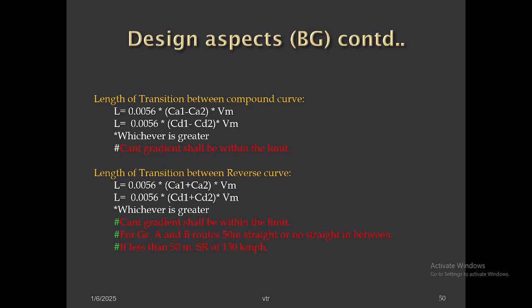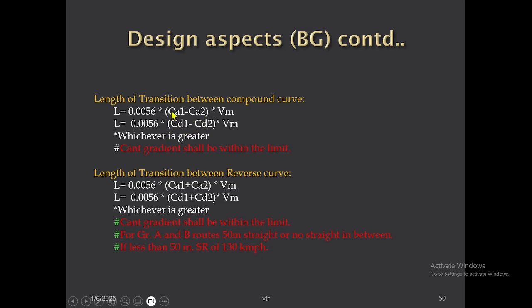Then, in case of compound curve, I already discussed in the previous video also. Compound curve means what? Two different radii. Curve with two different arcs with different radius, bending in the same direction. That is normally your compound curve.